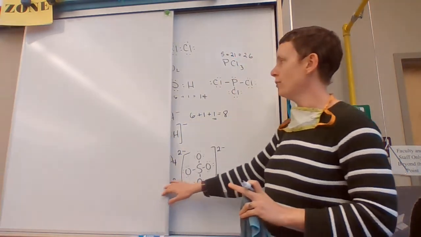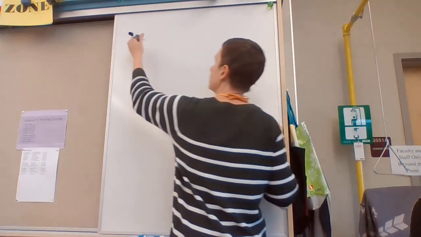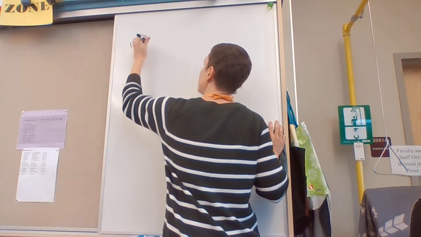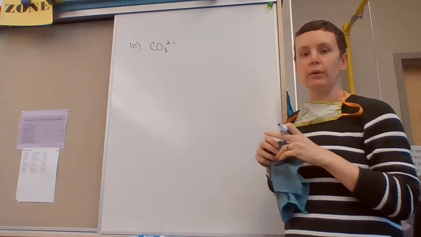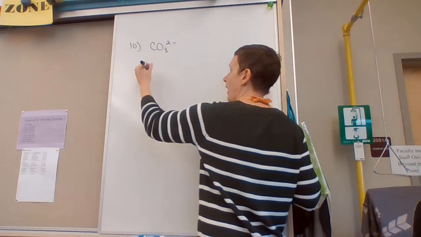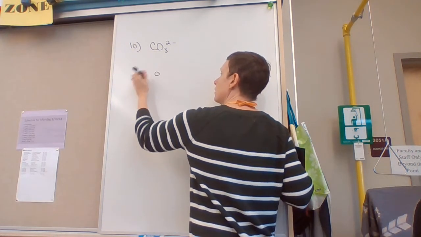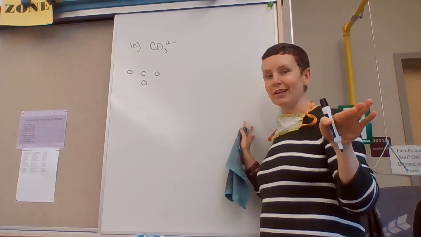All right, the other one on number 10 is not quite so easy. CO3 2-. So again, neediest in the middle. So start with that. 3 oxygens around the carbon. It doesn't matter which side you leave open.